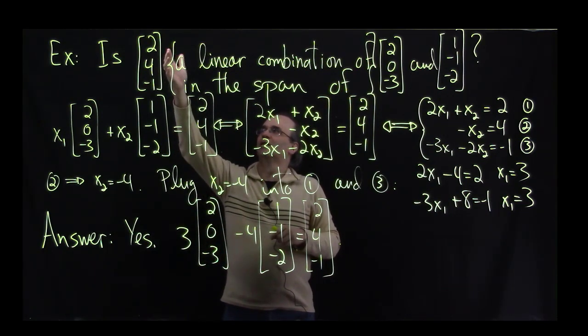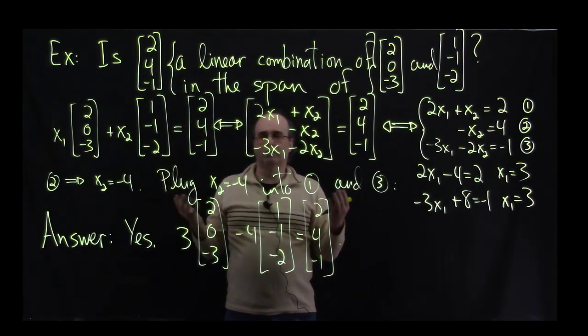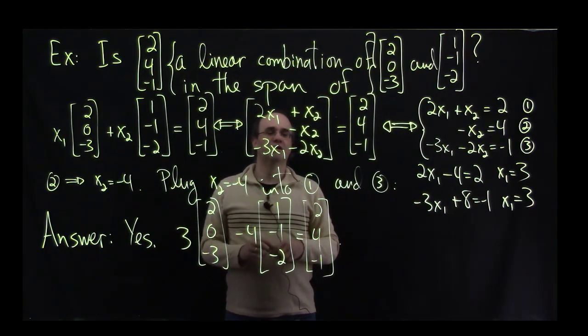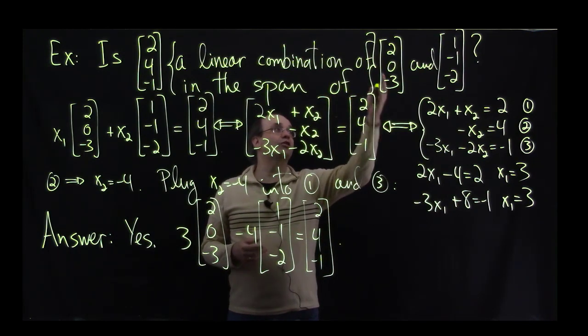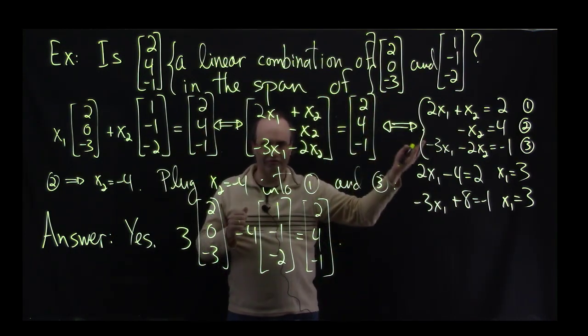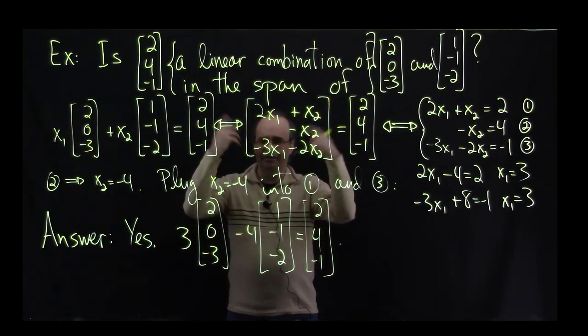And this is a vector in R3, and it turns out that that vector actually is on that plane. So the vector is a linear combination of those two vectors, which means that it belongs to the span of those two vectors. Each time you see the word span, you should think about linear combination.